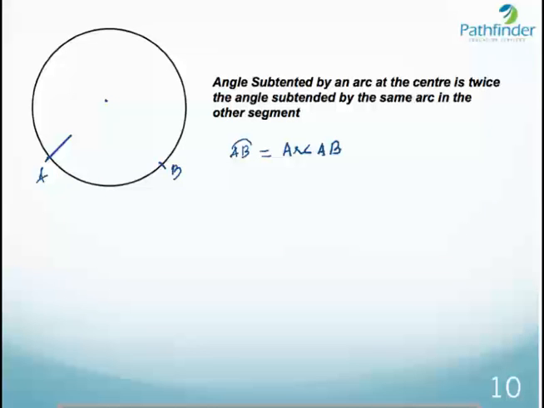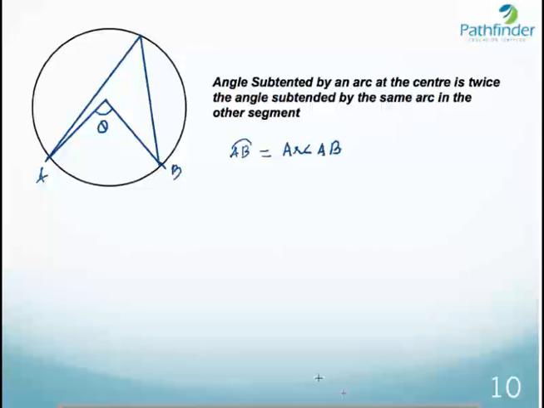Subtending an angle means the minor arc AB subtends an angle theta at the center, this way. This angle theta is the angle subtended by the minor arc AB at the center. The property says that this angle theta is 2 times the angle subtended by the same arc in the other segment.